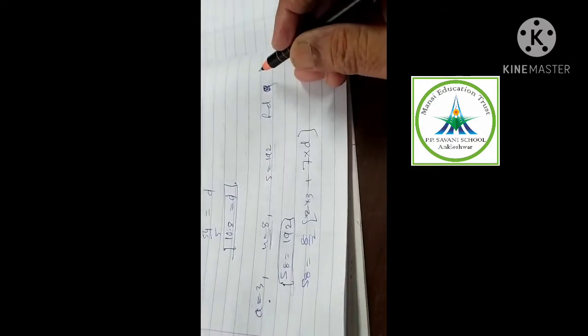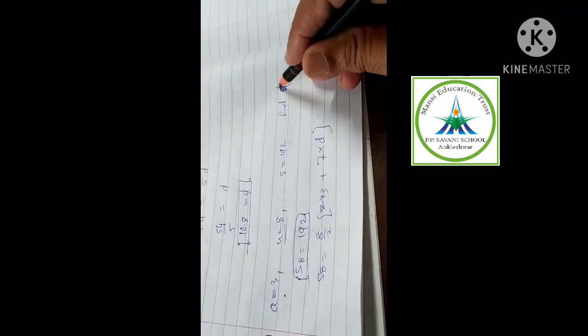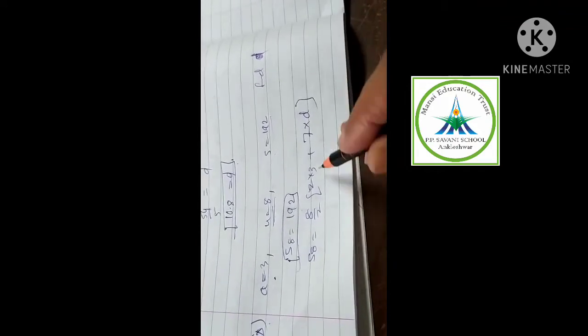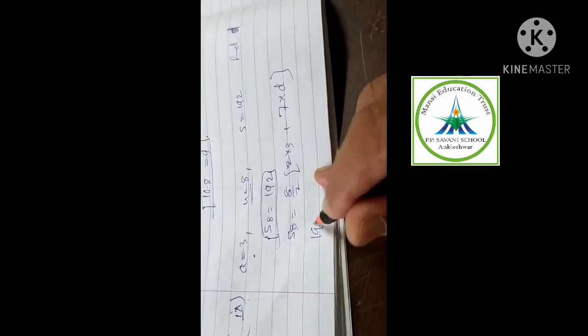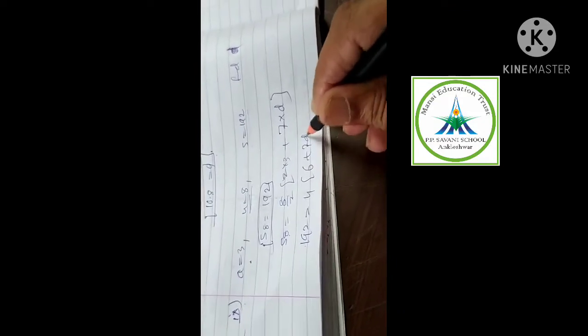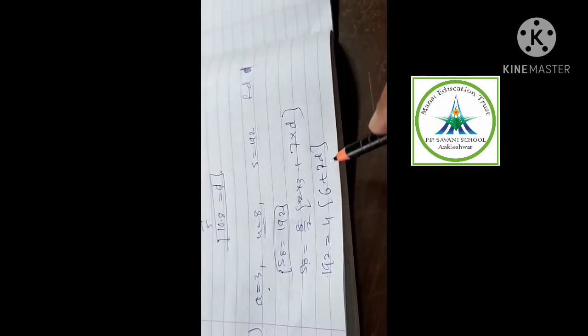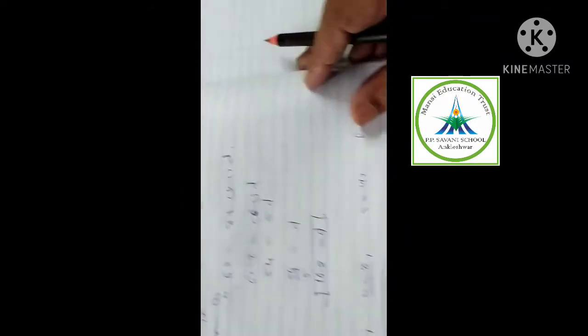Right, children, all of you, open this now. S8 known to you, put value 192, 4 bracket 6 plus 7d. Got it? Now this 4 comes this side. Up to this you understood. I am taking it now.